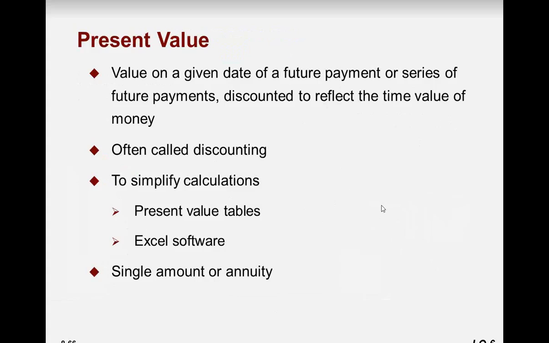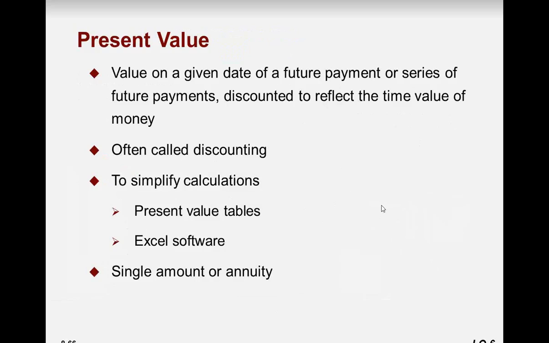I do want to talk a little bit about the tables in your textbook. The tables are on pages 452 and 453. You will notice a couple of things about these present value tables. Present value of a lump sum, or present value of a dollar: if I'm going to invest money one time, I would use the present value of a dollar.